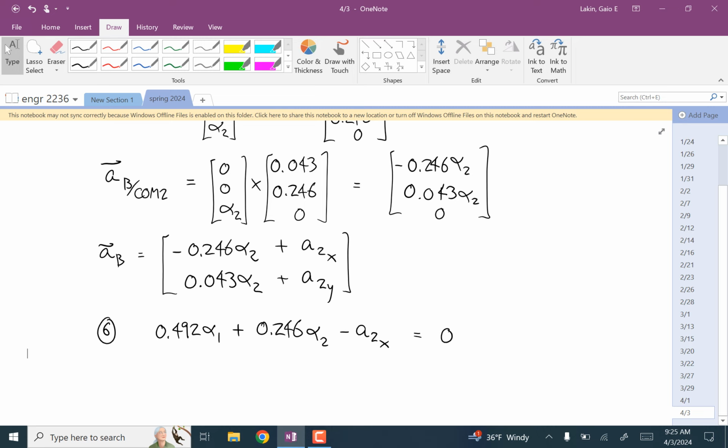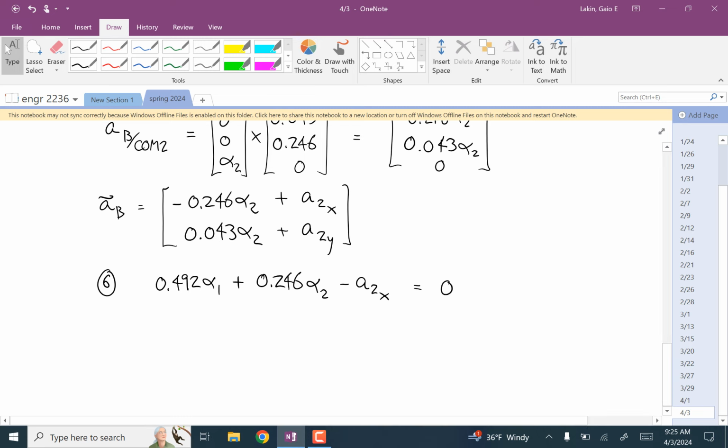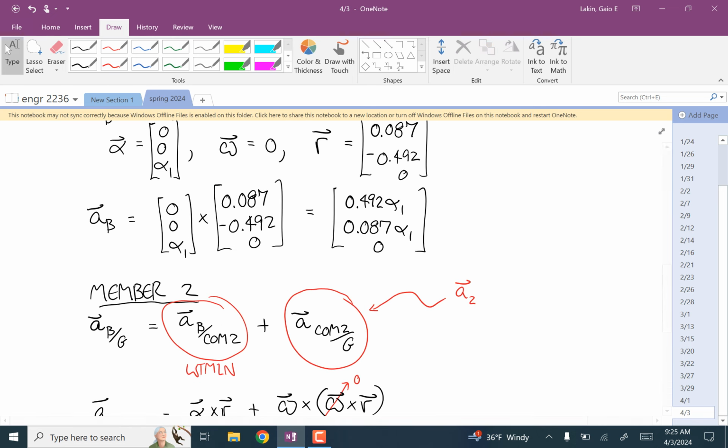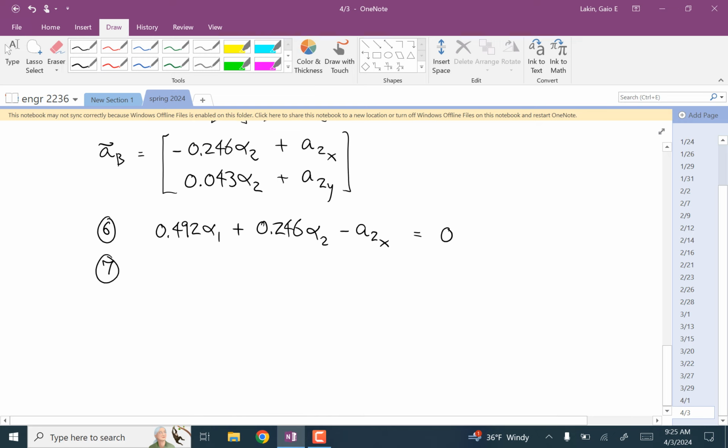I just set the two equal and then I put it in the form that we're used to for reduced row echelon form. And then equation 7 says 0.087 alpha 1, and then subtract this stuff. Minus 0.043 alpha 2 minus a2y is equal to 0.